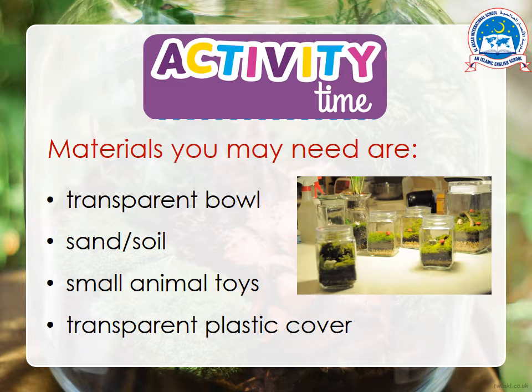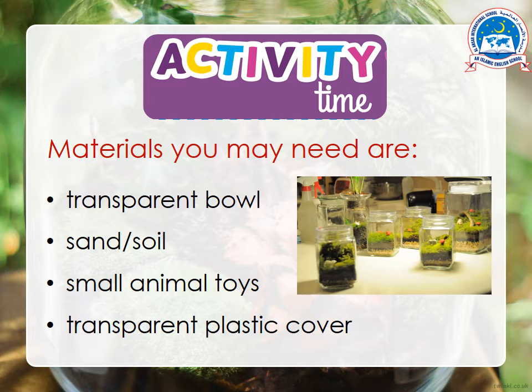Okay, let's get started with our today's activity. Are you all ready to make your own terrarium? So what we all need is a transparent bowl or a jar or a box, transparent so you can look through it, and then some sand or soil, choice is yours.